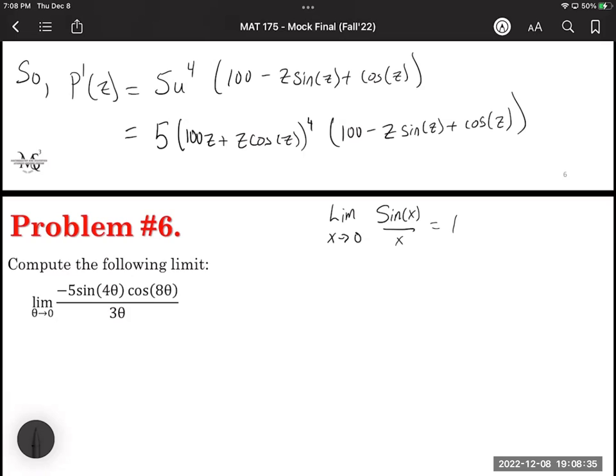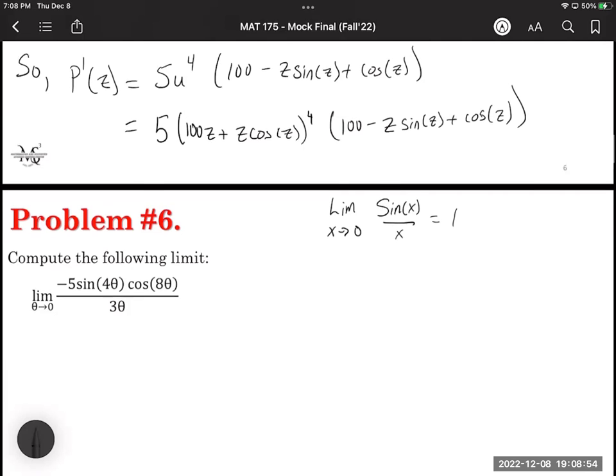So essentially, when I rewrite my limit here, instead of having this limit written as a single expression, I'm going to split things up. And in particular, towards one of the later steps, I'm going to use my special limit here.